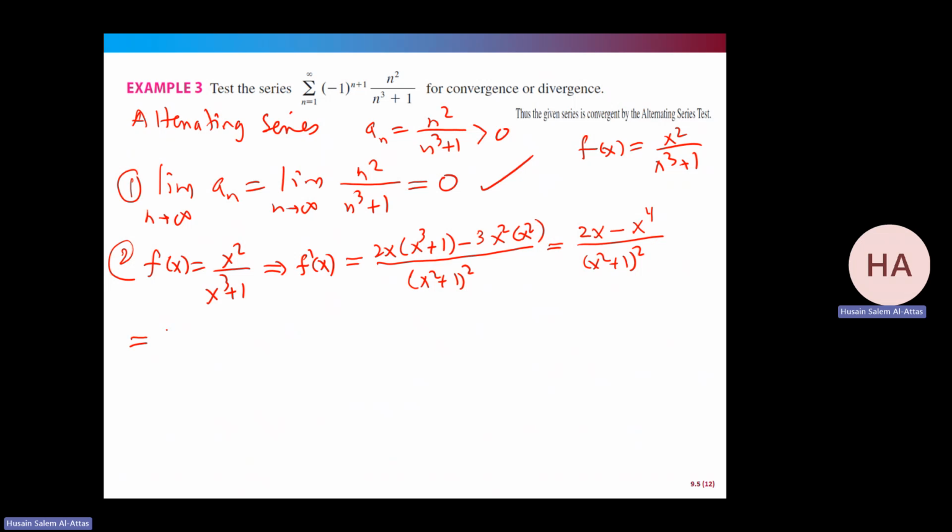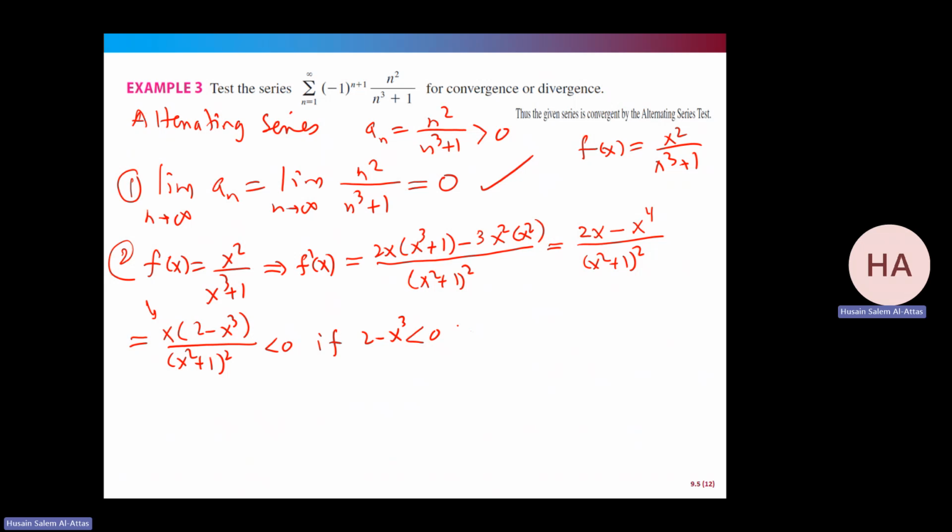And this I can write as x times 2 minus x cubed over this. So this is negative if 2 minus x cubed is negative, since we have all the values positive, starting from 1 up to infinity. And that is true.